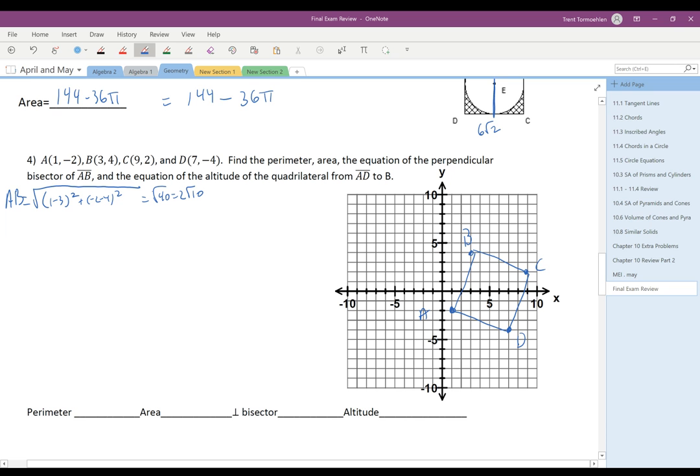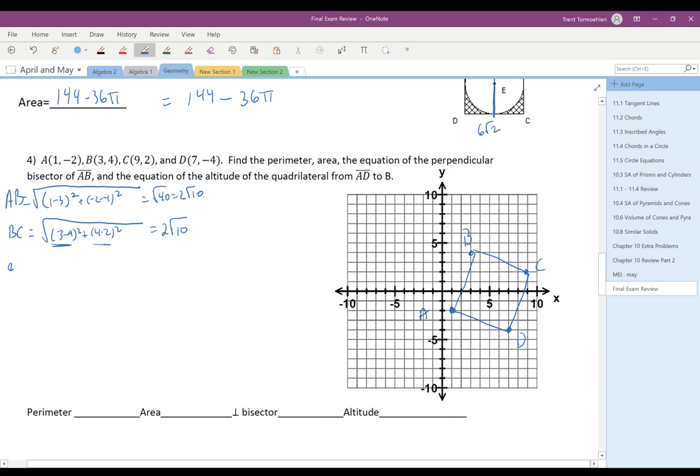And then if we look at BC, BC is the square root of (3 minus 9) squared plus (4 minus 2) squared, and maybe you notice that you get 36 and 4, so the exact same thing. So that one's also 2 root 10.